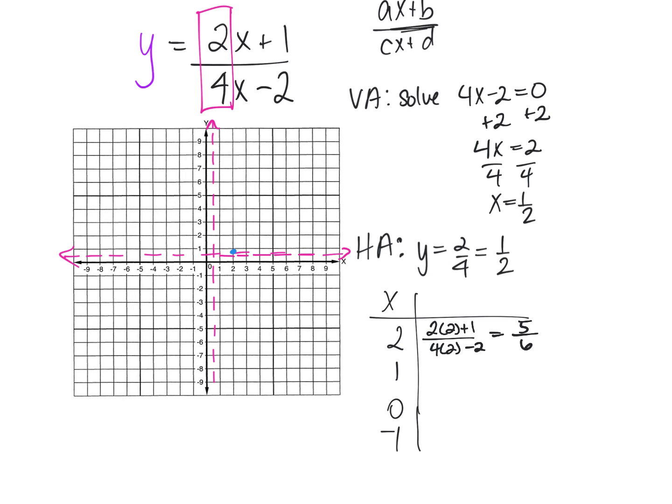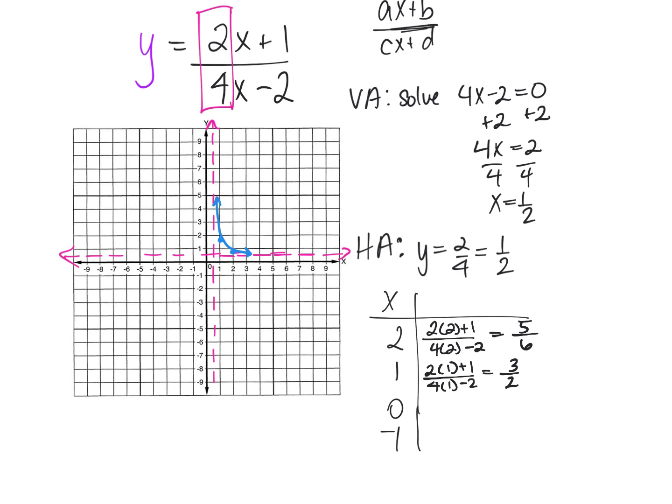Okay. And then we're going to plug in 1. 2 times 1 plus 1 over 4 times 1 minus 2 is 3 halves. That one's a little nicer. 1 and 1 1/2. But you can see it's really close to that intersection of the asymptotes. And I'll draw my best bet here.